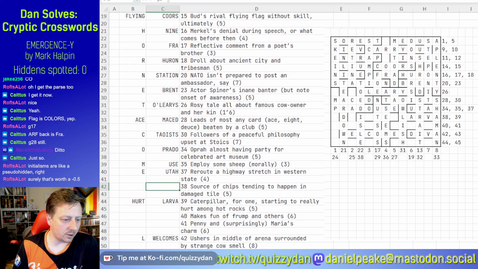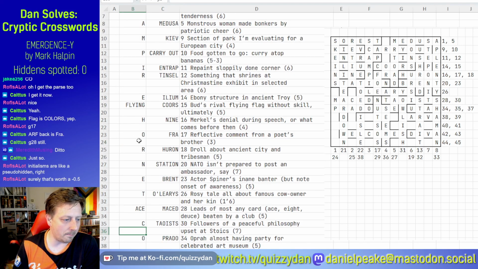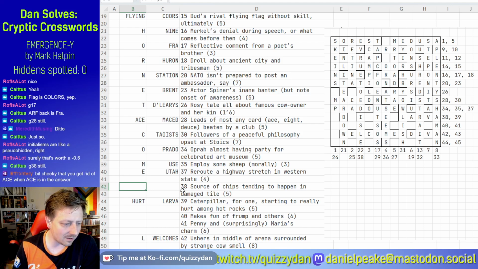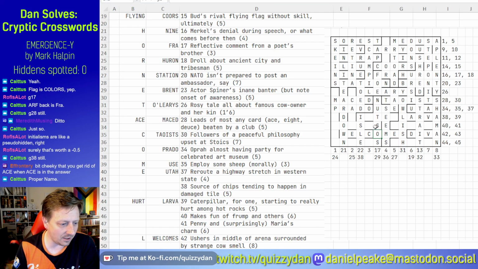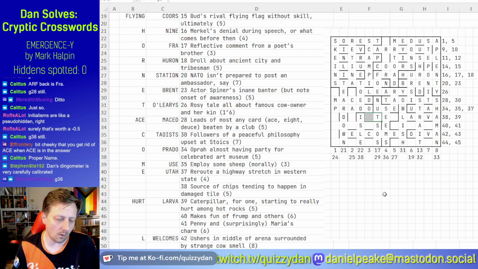Okay, 38. Source of chips tending to happen in damaged piles. So we've got Vampire and Hornet. So is it going to be Comet? Damaged Isle? Where are we going here? Intel. Source of chips is your Intel.